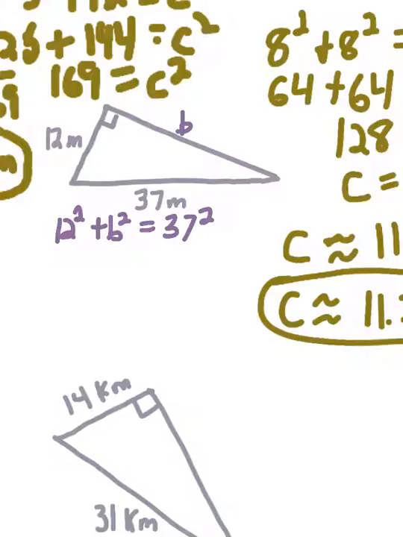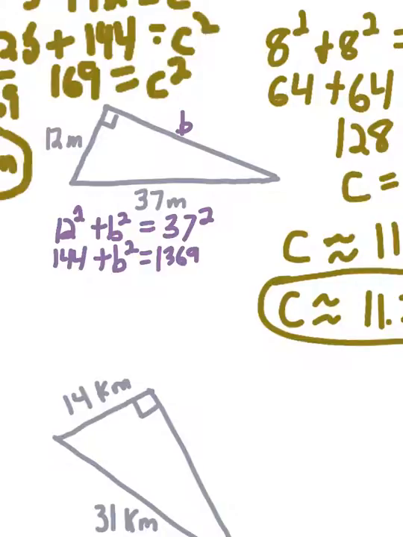So continuing with my calculations, I've got 144 plus B squared equals 37 squared, which is 1369.